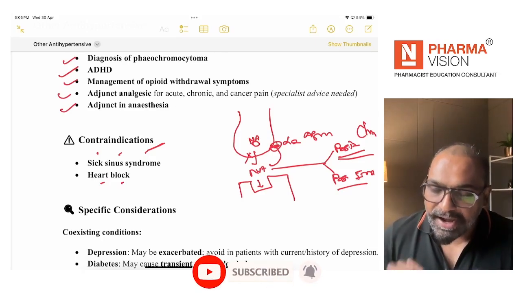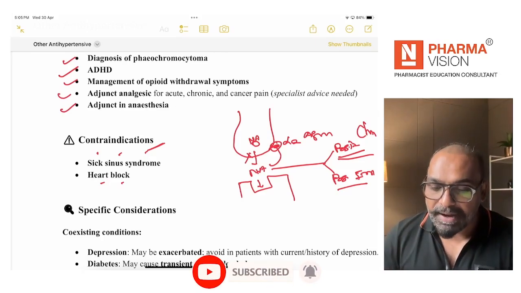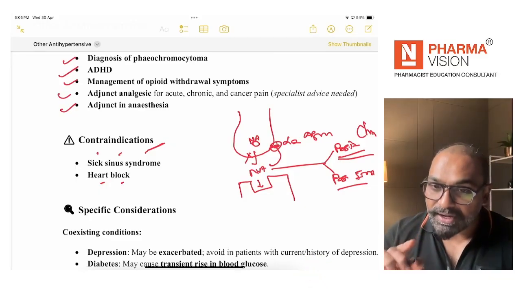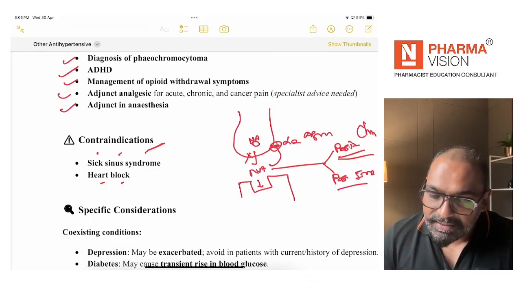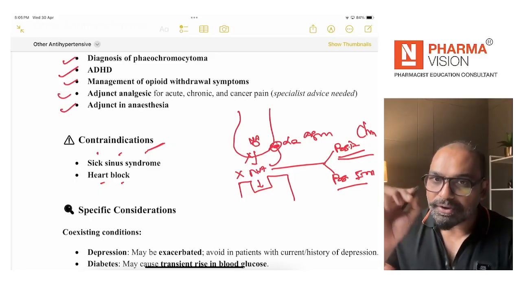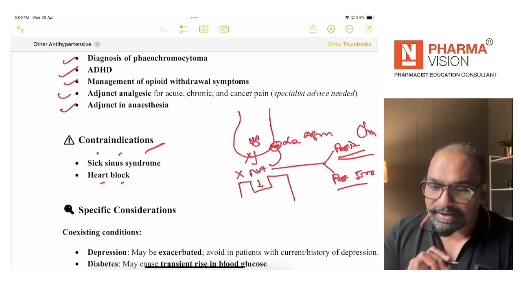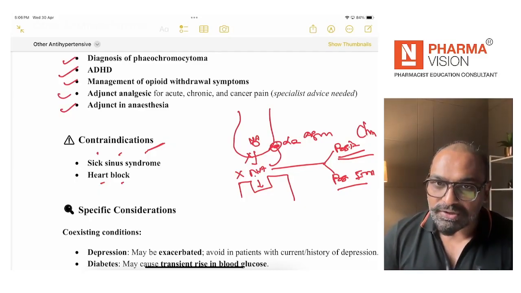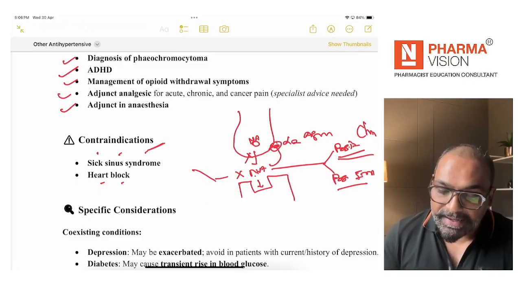This is the main normal function of noradrenaline. But when we give Clonidine, it reduces the concentration of noradrenaline, which decreases the chronotropic and inotropic effects.